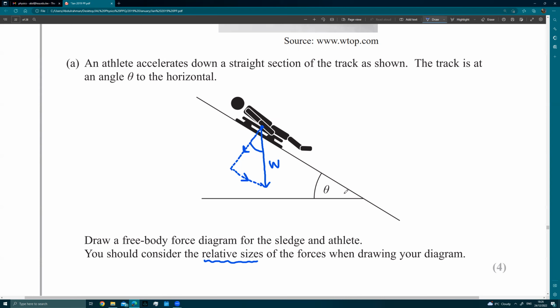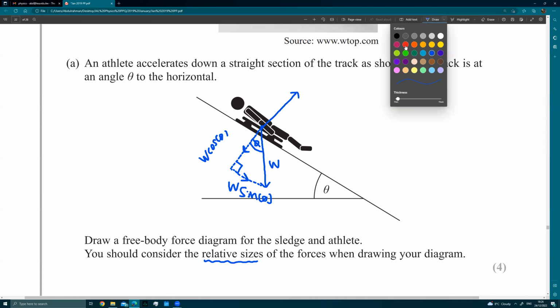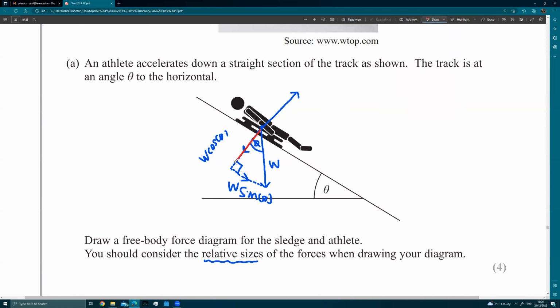We always say if this is theta, this has to be theta for any inclined plane. So this is going to be W sine theta because it's the side opposite the angle in this right angle triangle. And this is going to be W cosine theta. So we said that the forces vertically have to balance. So the reaction force has to be the same size as this vertical component here. It has to be the exact same size.